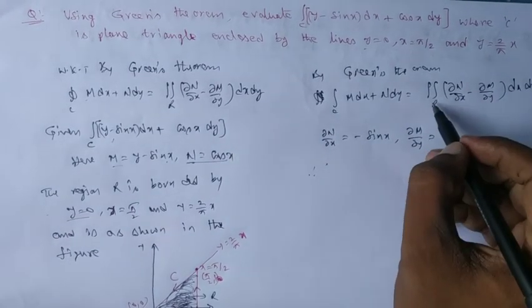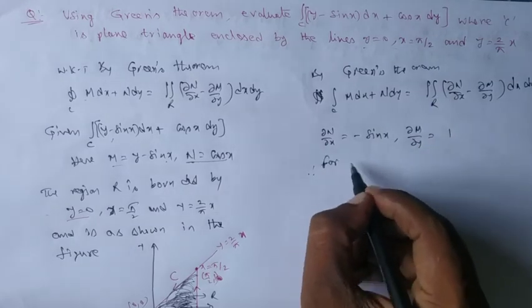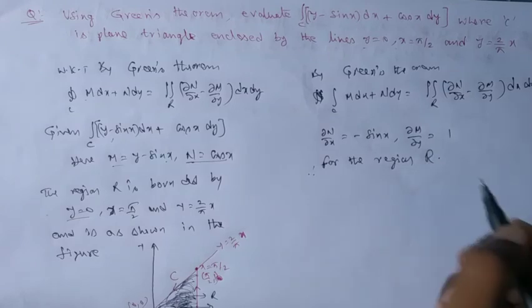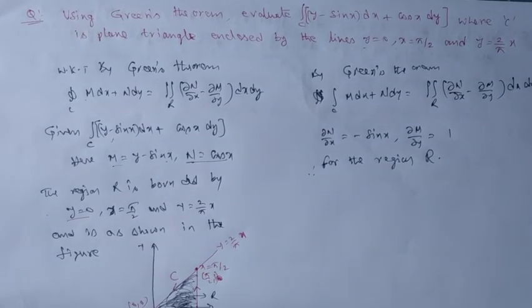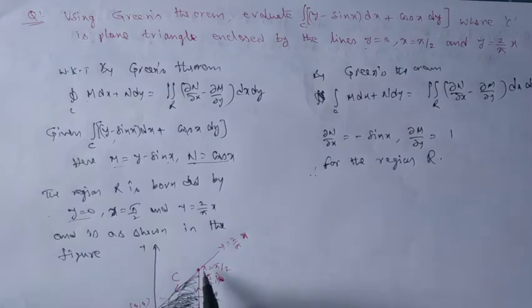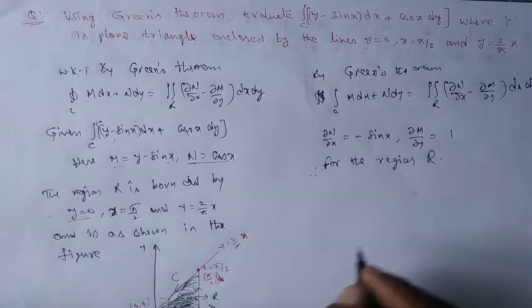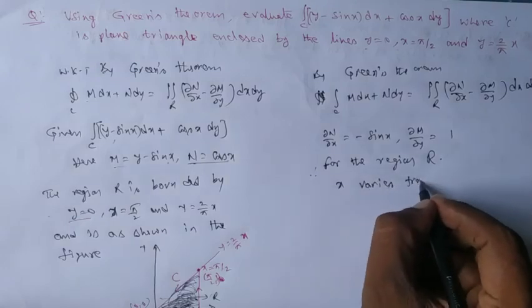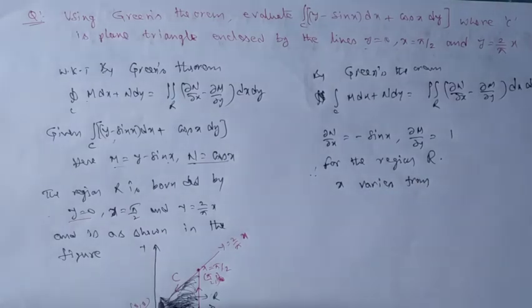We have to identify the limits for this region R. If you take the limits for the x variable first, x equal to something to something. So x varies from, you just take a strip parallel to the x axis.